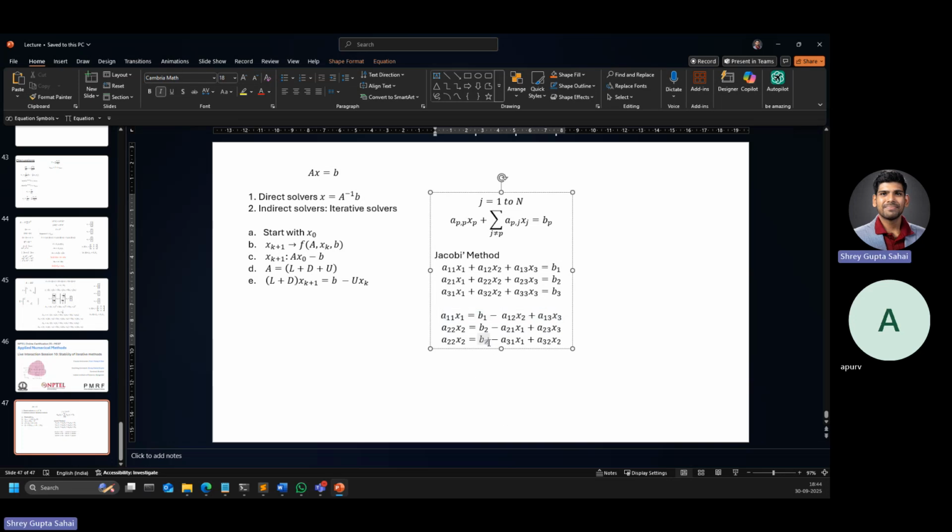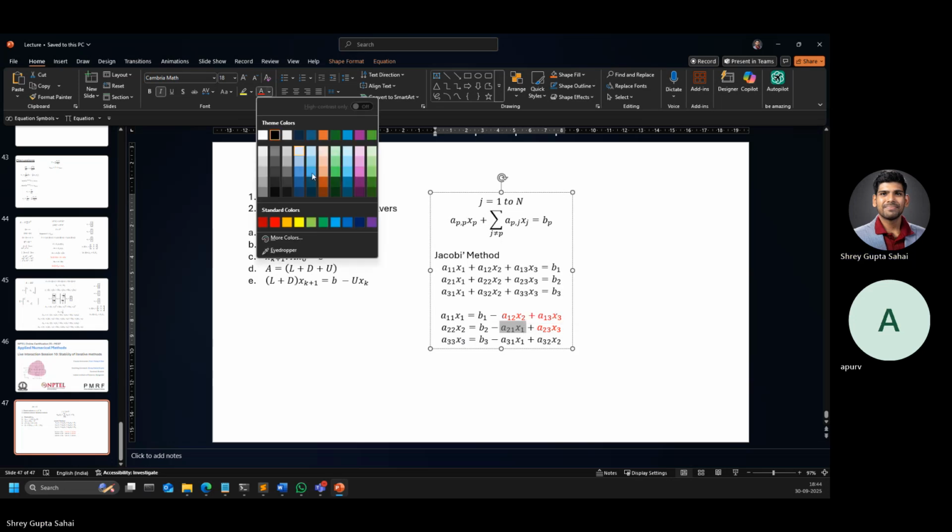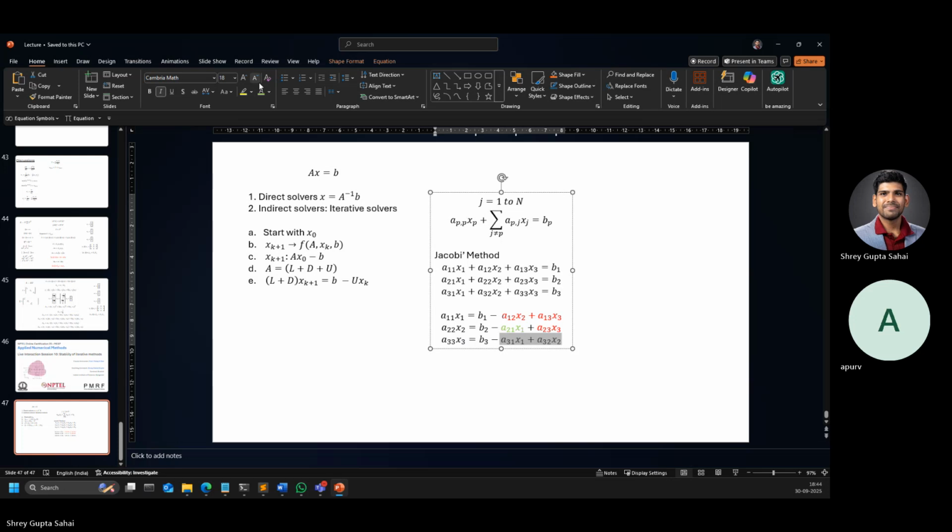Okay, so this is there, right? Now, if you see this, what you will notice is the third equation has to be A33 x3 on the left side. A33 x3. Then this is red, and this is green.